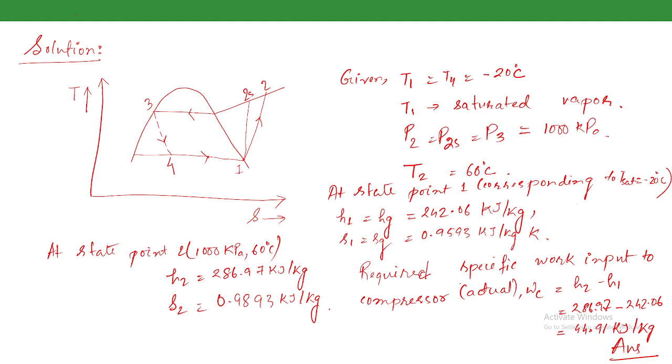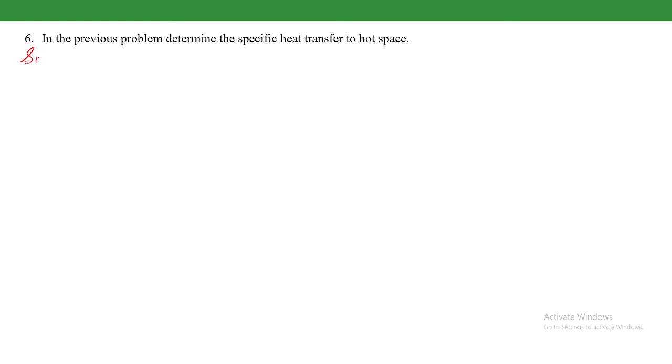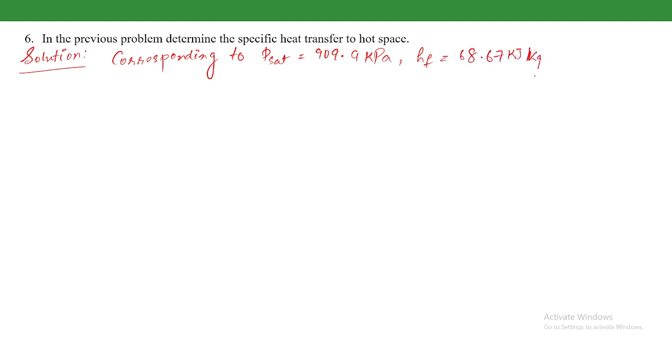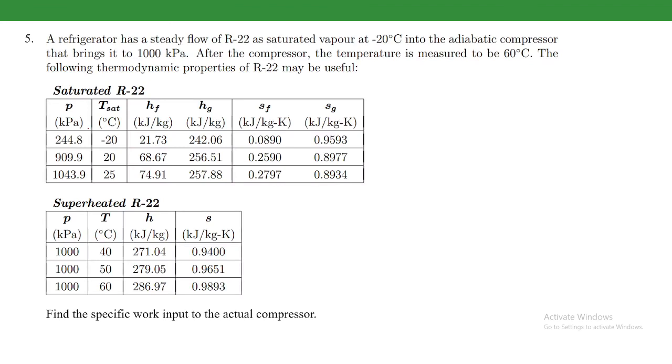Now corresponding to saturation pressure of 909.9 kPa, okay, HF is 68.67 kilojoule per kg. Okay, these values are all given here. Corresponding to this saturation pressure, these are the enthalpy and entropy values.